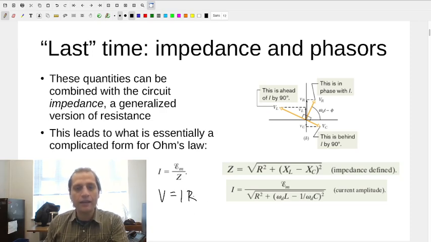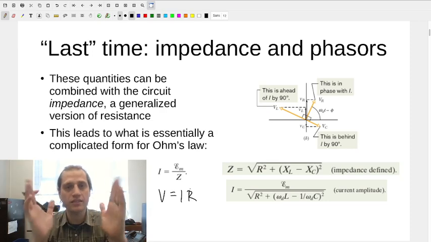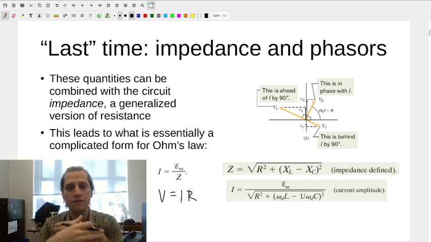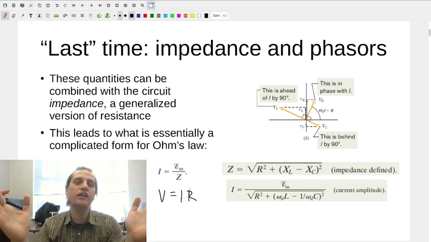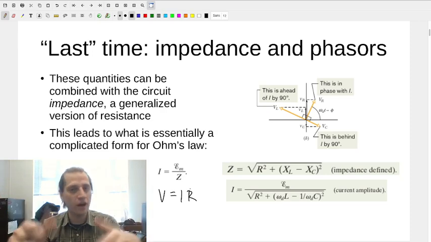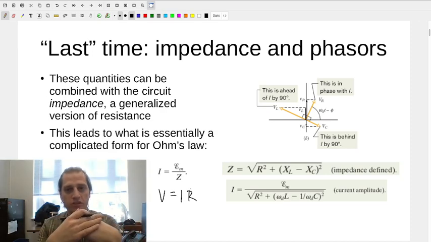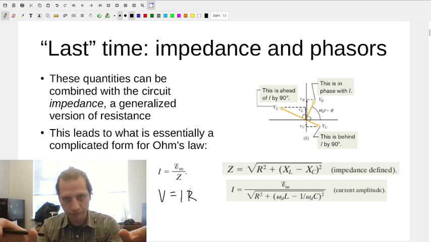If we put a capacitor or an inductor in a DC circuit, a capacitor just acts like a break, so the resistance would be infinity. And an inductor eventually looks just like a wire in a DC circuit, so the resistance would essentially be 0.